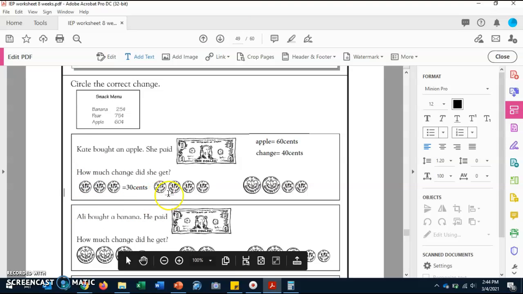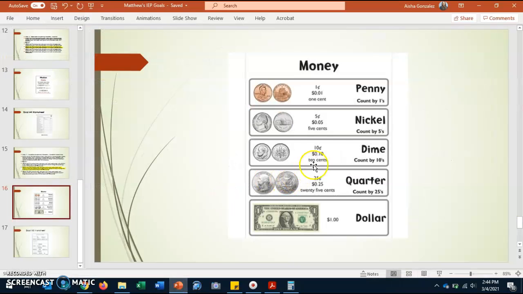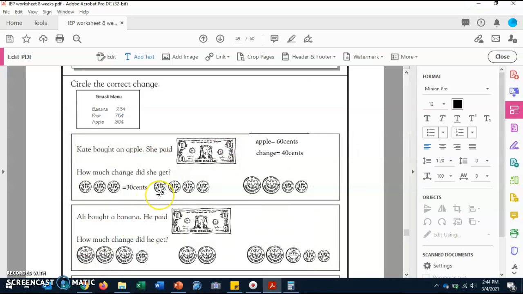So let's continue. Over here we have 4 dimes. And we know that a dime is worth 10 cents. So then we would count to see how much change is here. So this is 10 cents, 20 cents, 30 cents, 40 cents.